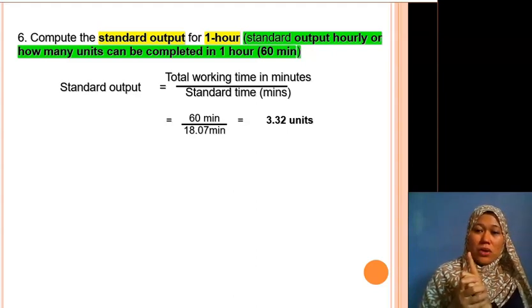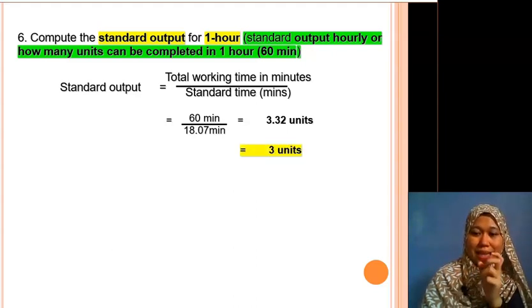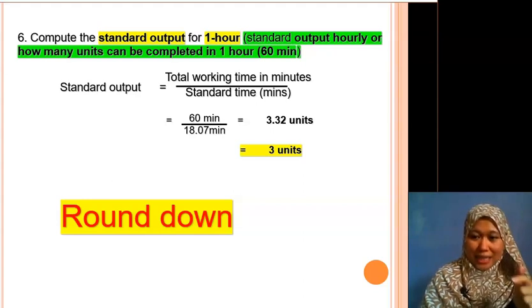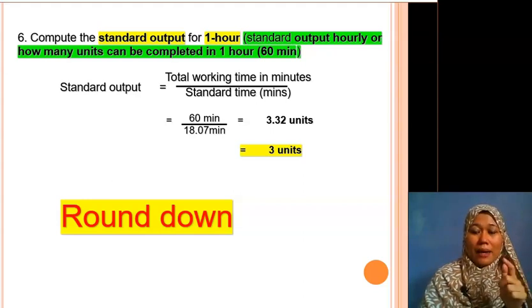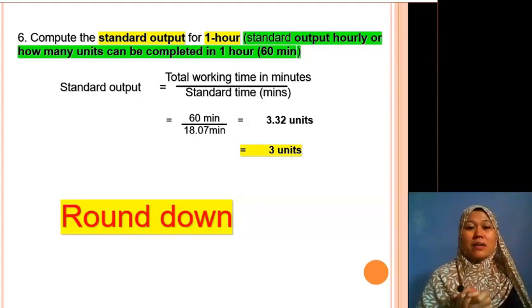But we cannot declare it as a decimal point, so we need to round the number. For this time study, you need to round down. Even if you get 3.9, you need to round down to 3. Why? Because when people ask you, after 1 hour, how many sets have you produced, you cannot say 3.32 sets, because the 0.32 is not completed.